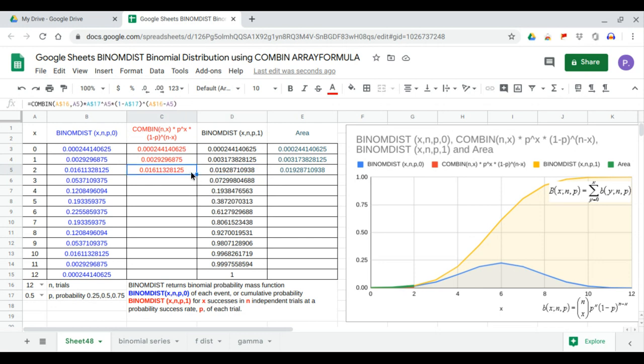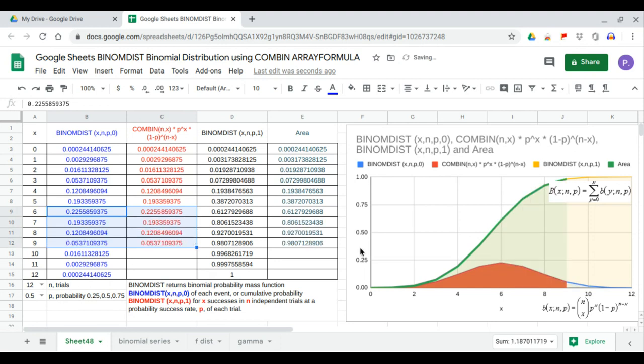If I drag this further, halfway through, I have a total area of 0.61279, which matches our binomial cumulative distribution function, and the probability mass functions also match. If I drag this further, the area under the bell curve measures 0.98017.